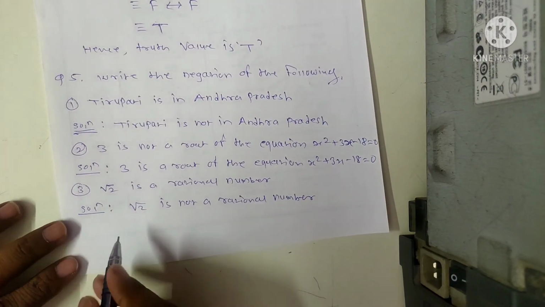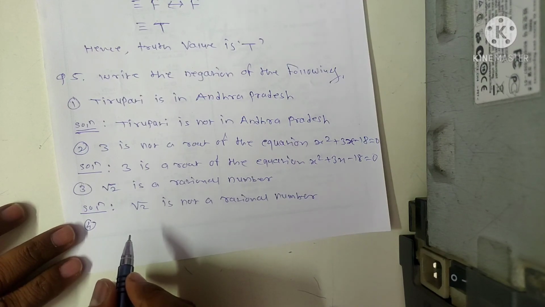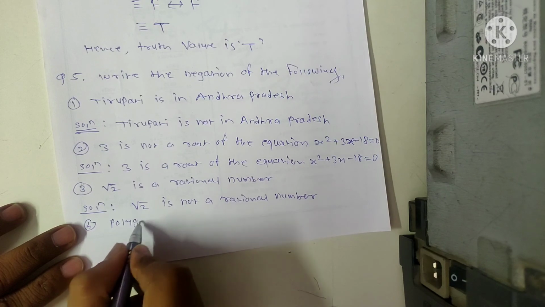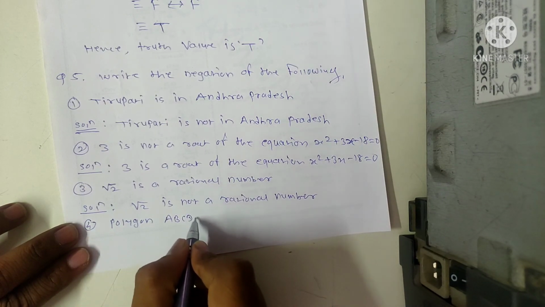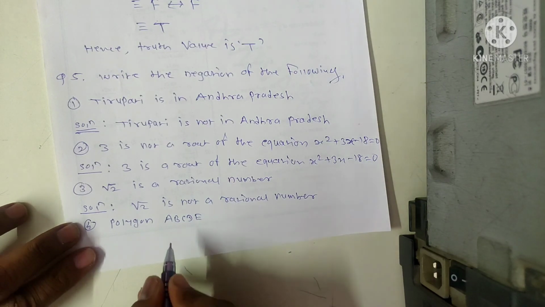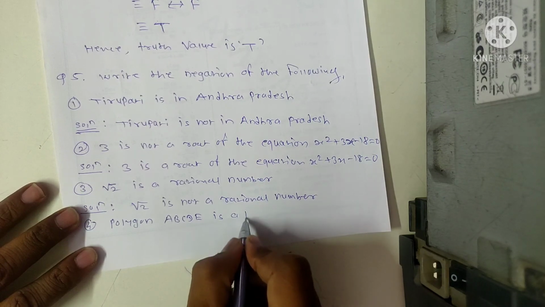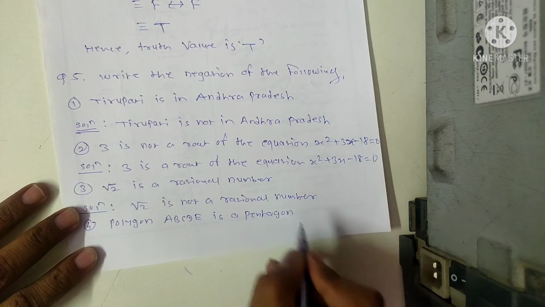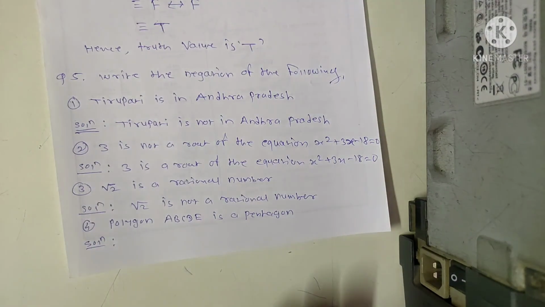Next: polygon ABCDE is a pentagon. Solution: simply, polygon ABCDE is not a pentagon.